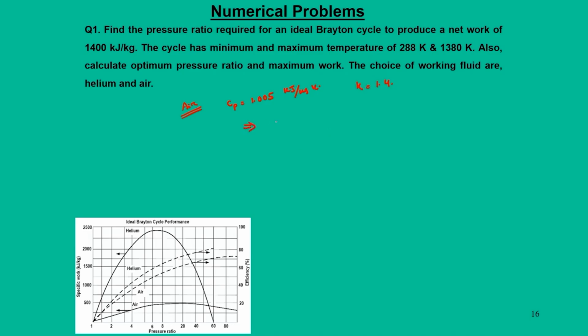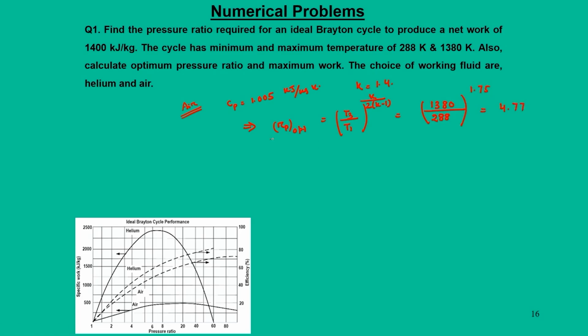We can arrive at Rp optimum, which is equal to T 3 by T 1 to the power k by twice k minus 1, that is 1380 divided by 288 to the power 1.75. So, this number is 4.77.